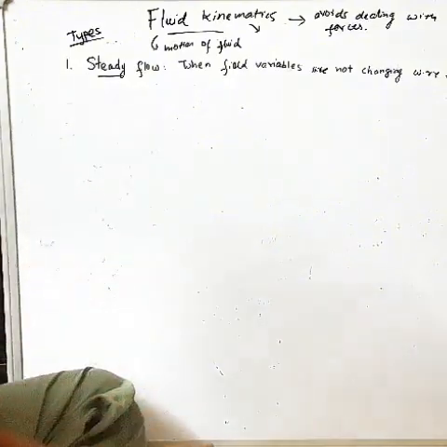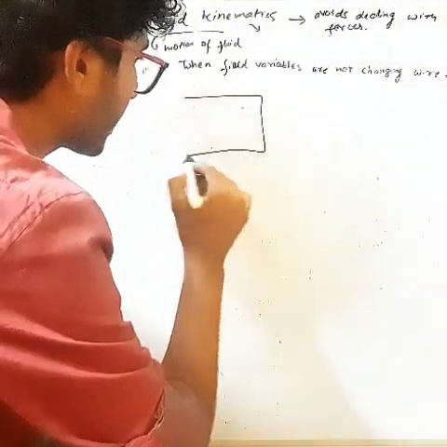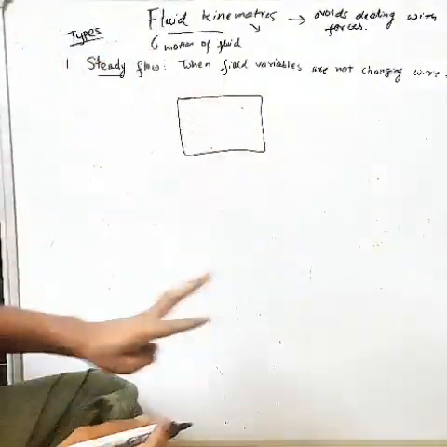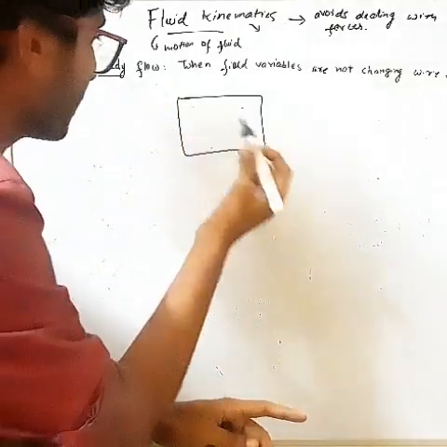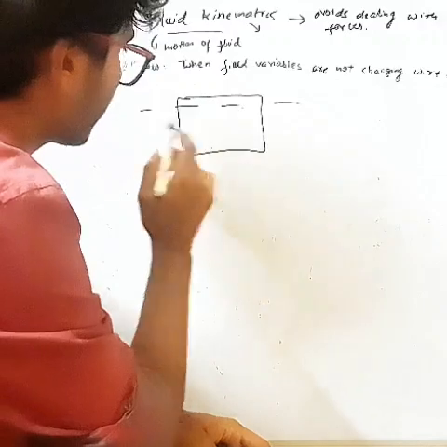Now what does this mean? We take again this cube. This is an elementary cube, an elementary geometric structure, and fluid is passing through this.